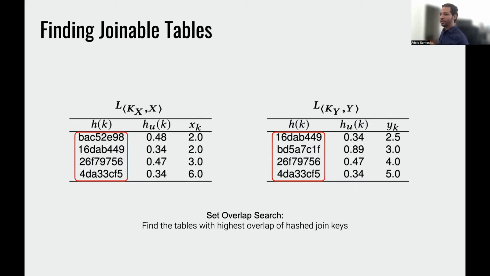So to find joinable tables using this sketch is essentially a set overlap operation, right? If we find the sketches that have the highest overlap between the hashes, then we are approximately finding tables that have a high joinability score, that have a high Jaccard containment.